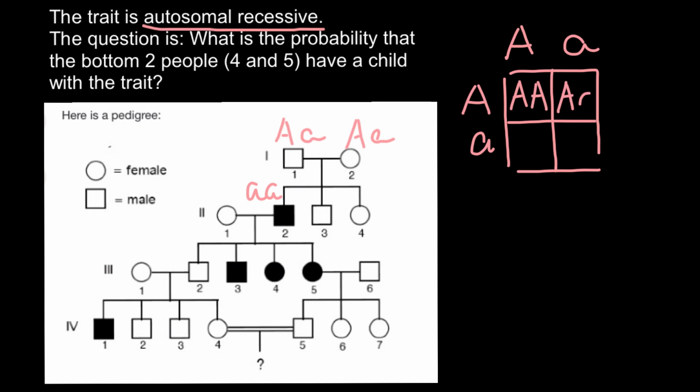Here we would have a carrier but phenotypically normal. Here also a carrier but phenotypically normal. And here we would have homozygous recessive, or an affected child. And the probability would be 1/4.